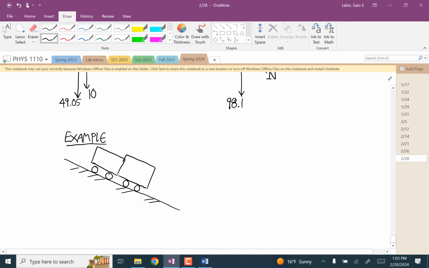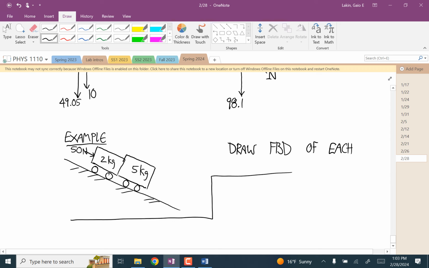And let's say there's a 50 Newton force here. Let's say this one is 2 kilograms and this one is 5 kilograms. And we want to draw free body diagrams of each one of these. Okay, so take a couple minutes and first do the free body diagram of the 2 kilogram cart.